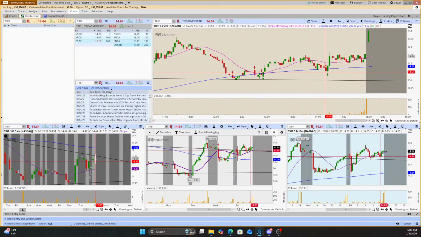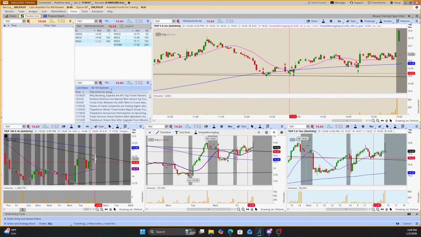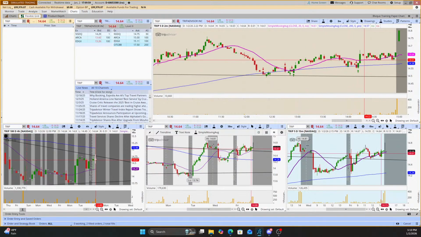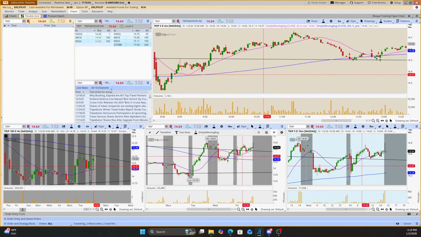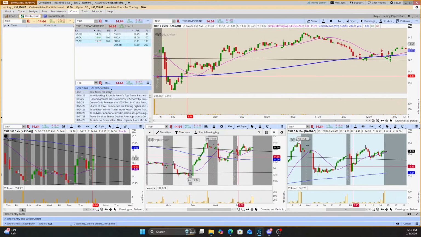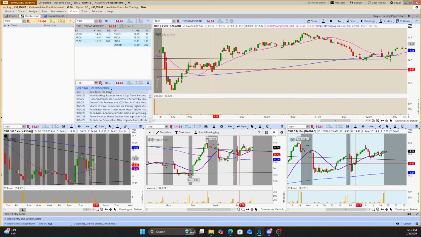Could have bought here, narrow, wide, narrow. Let's look at it. Hold on. Narrow. Color change.